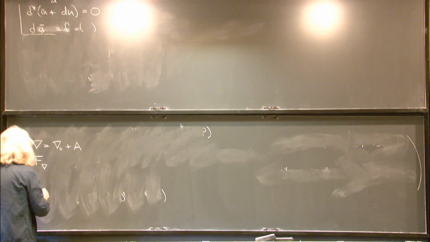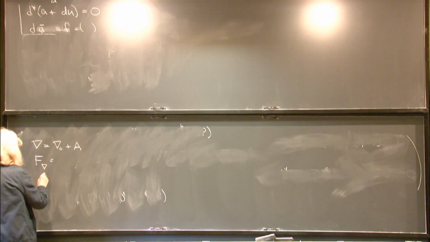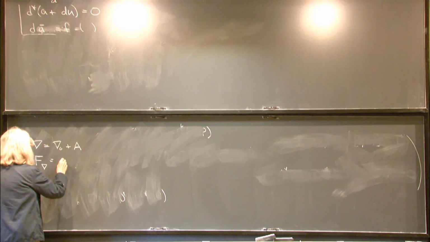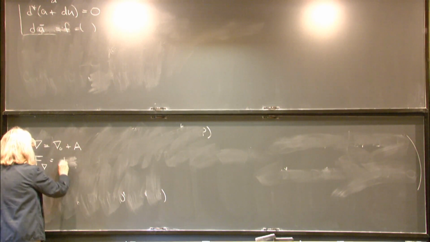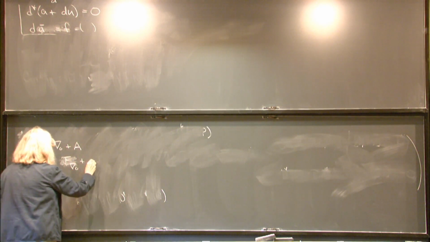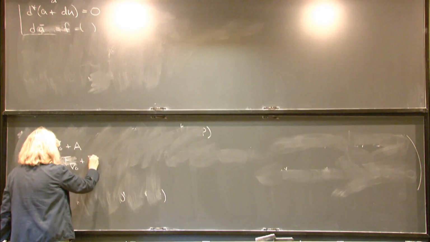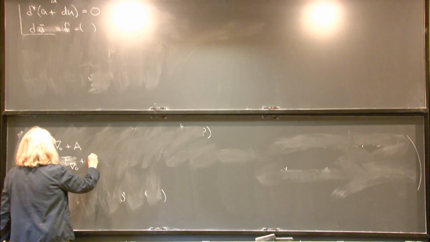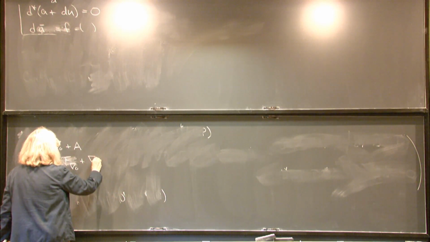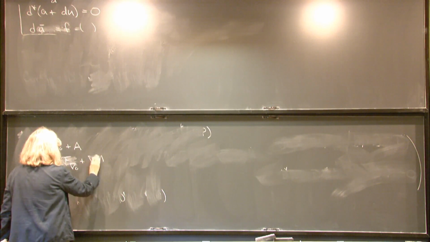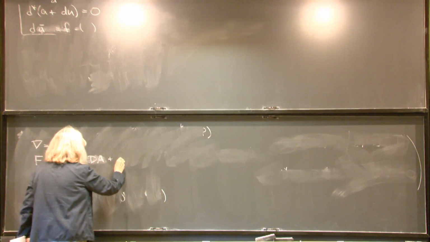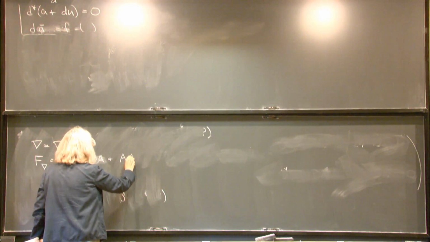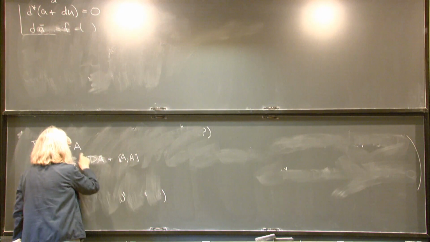So, right. And so I'll just write. So F nabla is F nabla naught plus d nabla naught A plus A bracket A, where this is the tensor now.